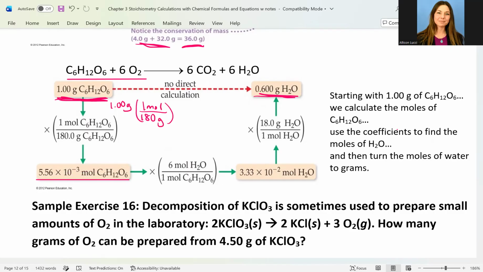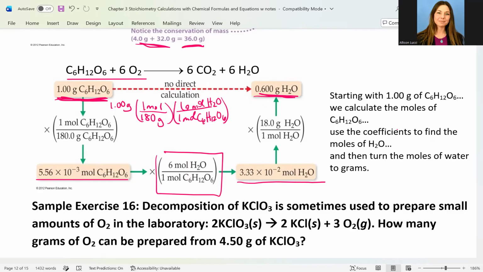So that's this intermediate value right there. And then for every 1 mole of glucose, I can produce 6 moles of H2O. That brings me to this point right here, where I can see how many moles of H2O I can produce using that molar ratio of 6 to 1.